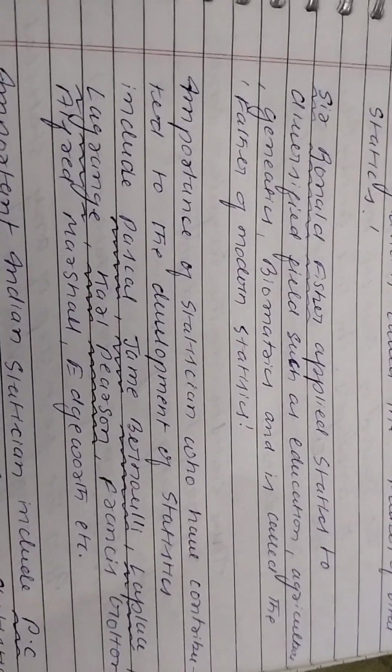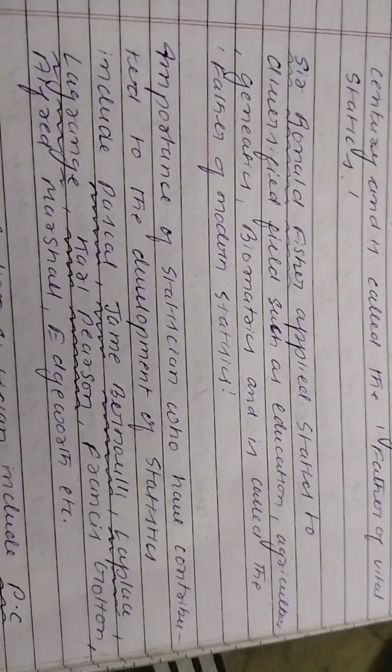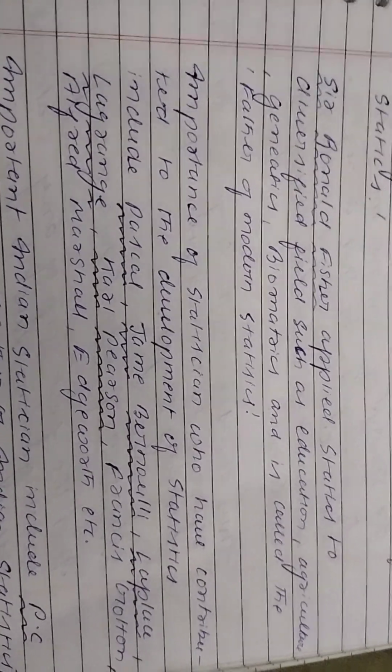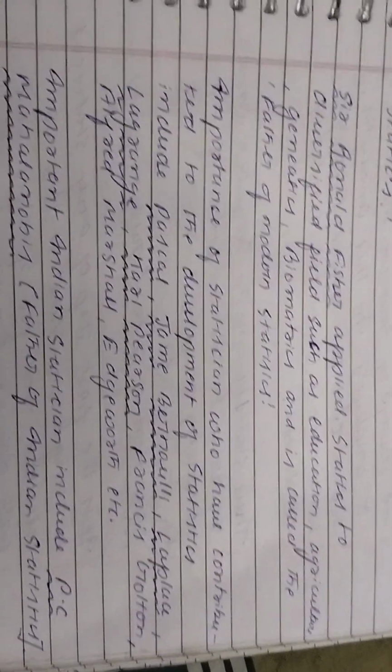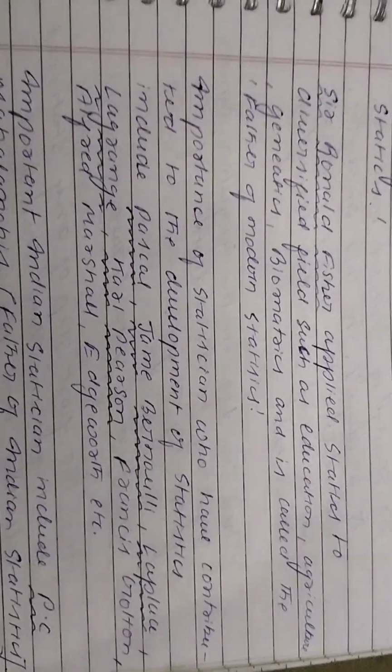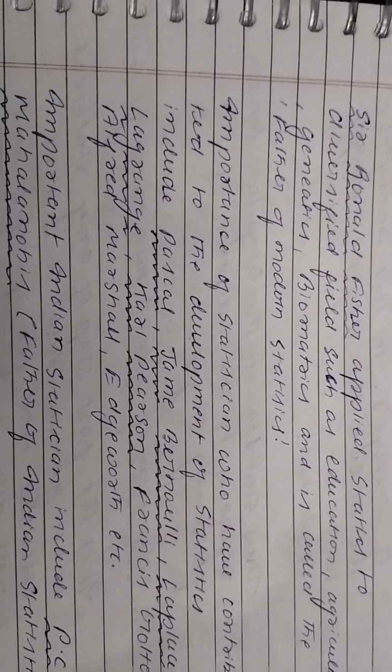He is a statistician from a biological background, but he has given many concepts of statistics. He is a very important statistician, and there are many theories given by them that you will study further.